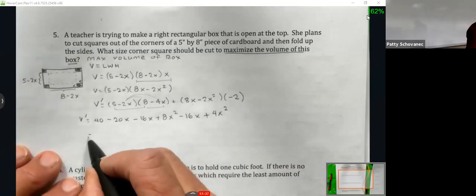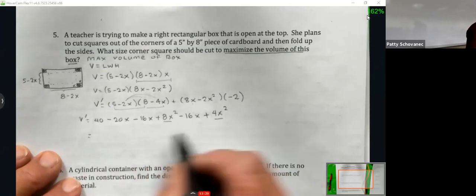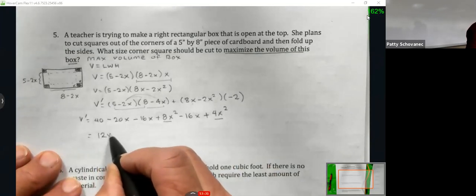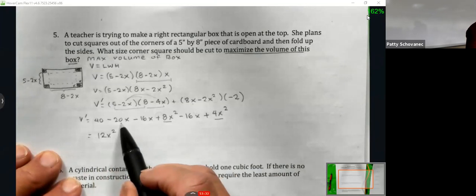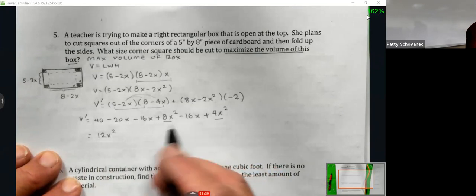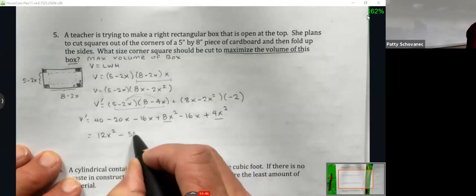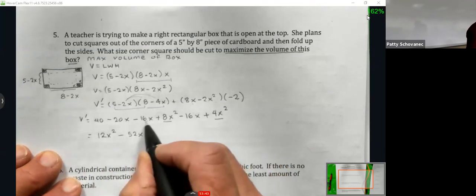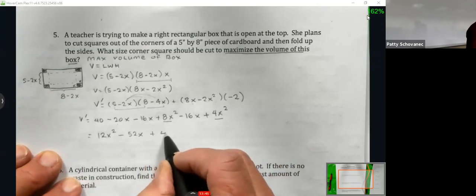The like terms give me 12x squared, minus 36, minus 46, 52x, plus 40. Does that look familiar?